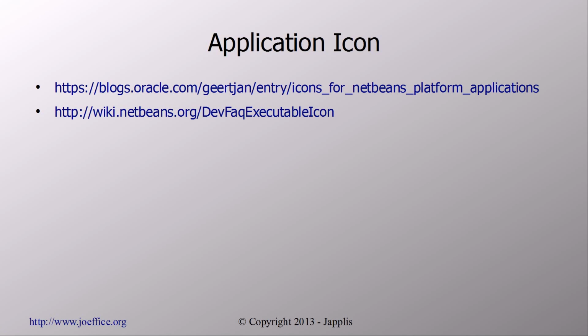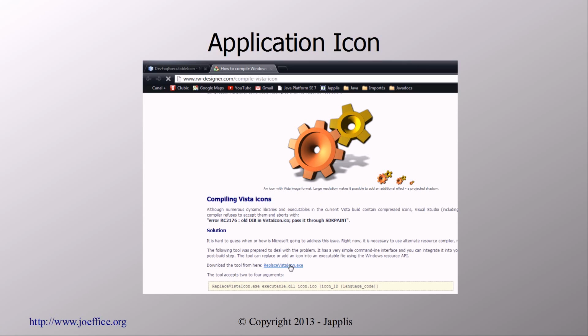Then, how to associate the icon with the installer and with the application. For this, I encourage you to read both articles that are posted on NetBeans about NetBeans and associating icons. I've also downloaded the Replace Vista Icon application to associate an icon with an executable.